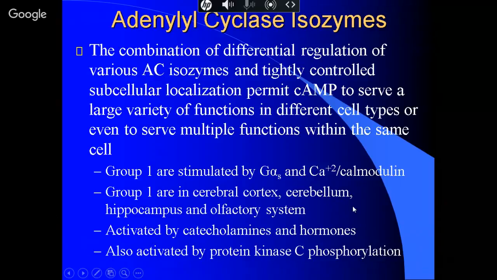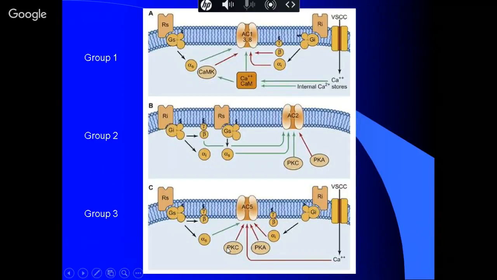Group 4 also does that, as well as the olfactory system. They are activated by catecholamines, so your whole dopaminergic system is going to be using this kind of thing. They're activated by hormones. And they're also activated by a totally different second messenger system, protein kinase C, which is a separate lecture that we will talk about. So that's going to feed back. Group 1 is what we're talking about right now.